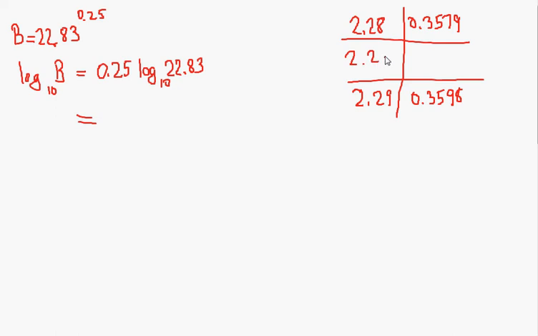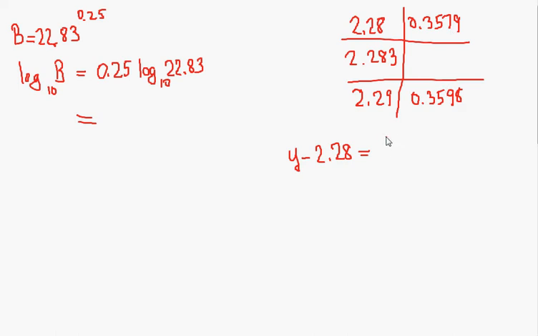And so I will use linear interpolation to figure out what the log is of 2.283. So y minus 2.28 is equal to the slope, which is the difference of 98 and 79 is, I believe, 19.